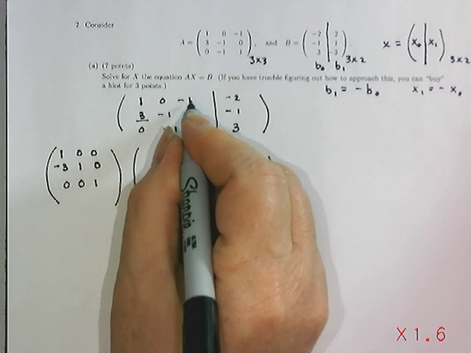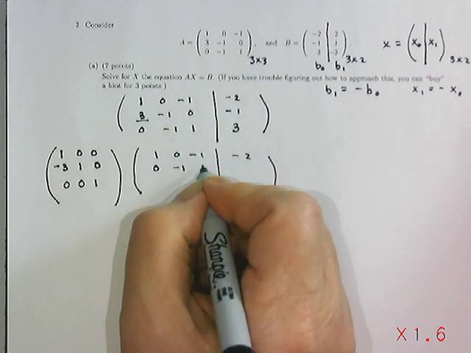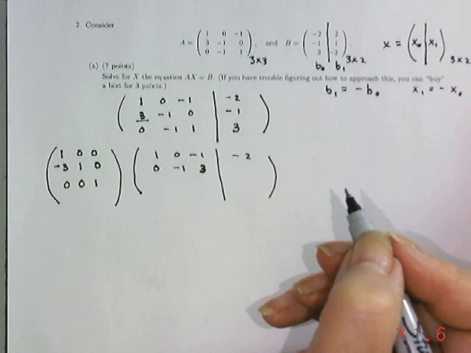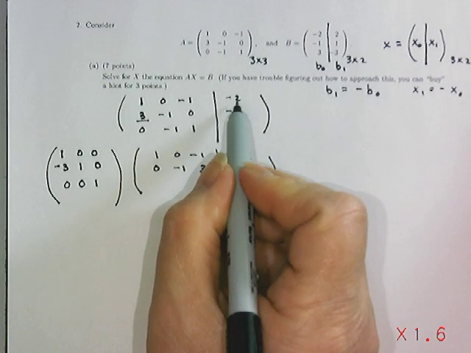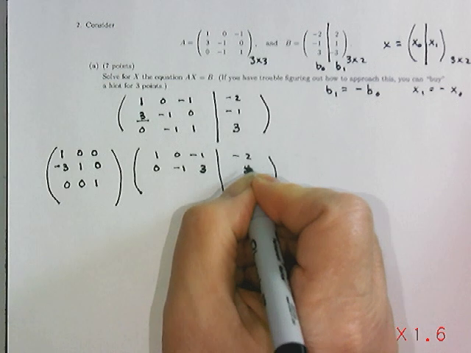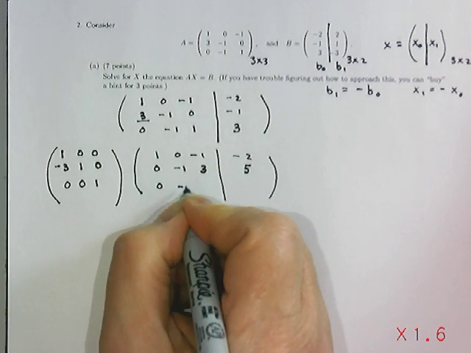Then negative 3 times negative 1 is positive 3. Adding it to 0, I end up with a 3 in this entry. Then negative 3 times negative 2 is positive 6. Minus 1 is positive 5. And the last row stays the same.